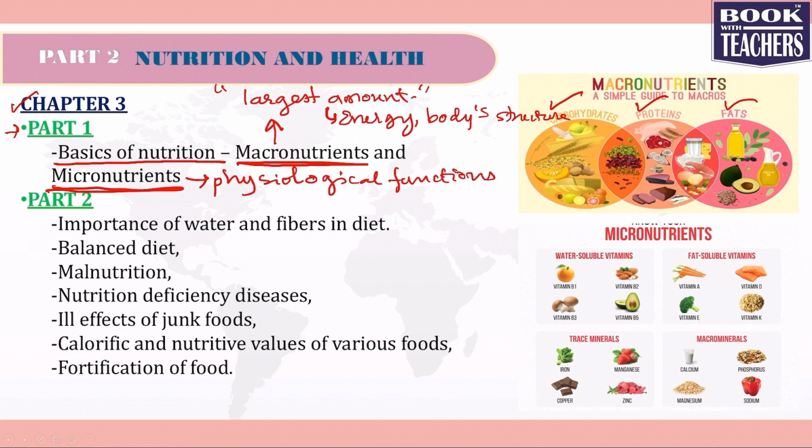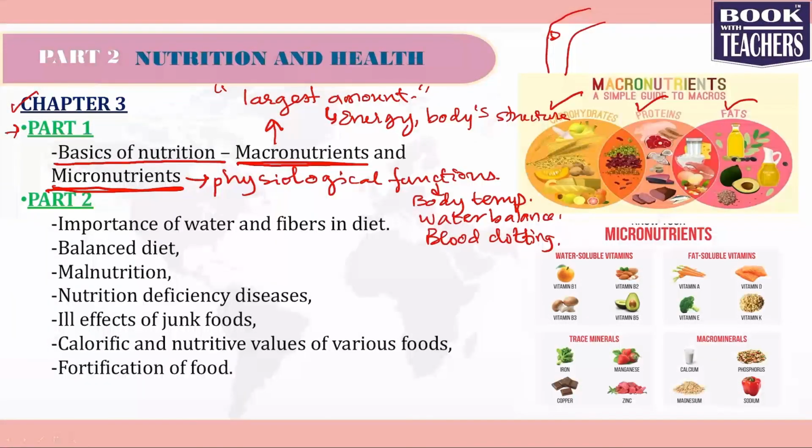So now what are these physiological functions? These can be to maintain body temperature, or to maintain water balance, or to have proper blood clotting, etc. So now what is blood clotting? See, if suppose you had an injury in your leg and now blood started to flow out.